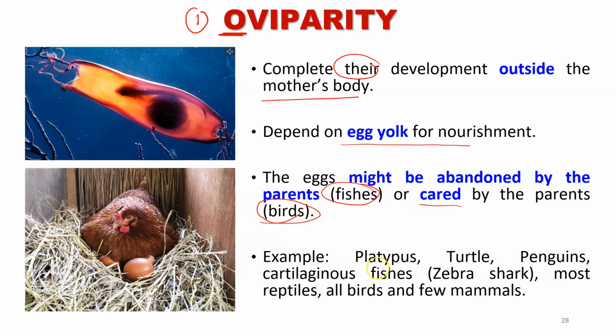Examples are platypus, turtles, penguins, cartilaginous fishes such as zebra shark, most reptiles, all birds and a few mammals. Oviparity is basically laying eggs. Animals that lay eggs outside of the body, and the embryo depends on the egg yolk for nourishment.